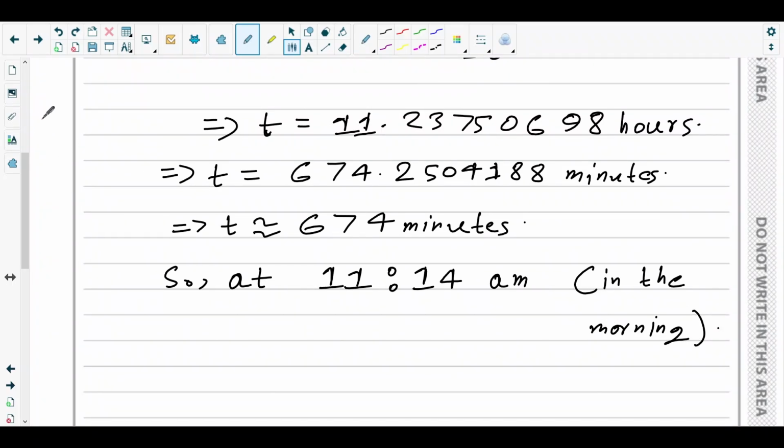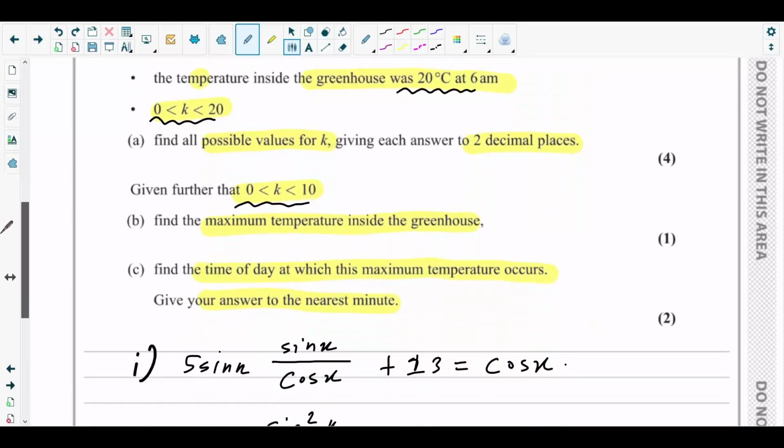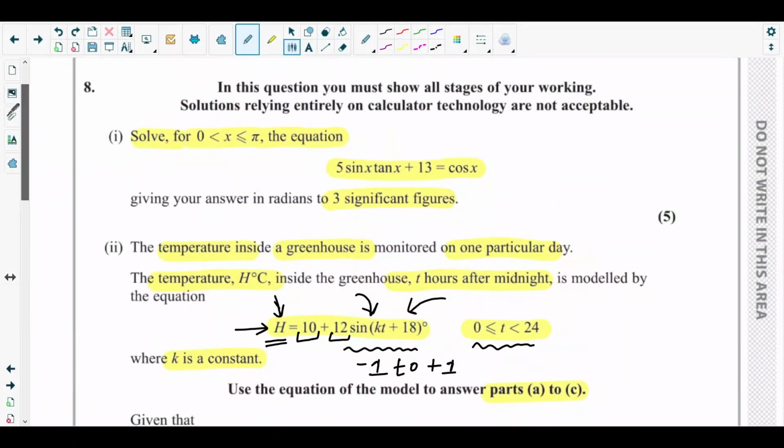So that is 11:14 a.m. of the day. So that's all about question number 8 from the May 2024 P2 paper. Fine.